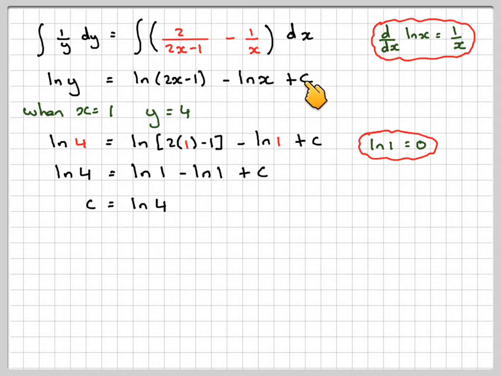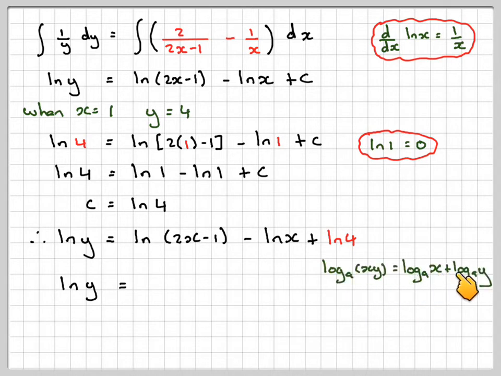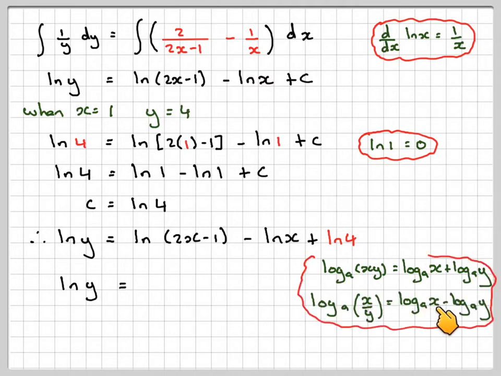Put that now back into here. We get ln of y is equal to ln of 2x minus 1 minus ln of x plus ln of 4. We now use the rules of logarithms. The rules we have are log a of x times y is log a of x plus log a of y, and log a of x over y is equal to log a of x minus log a of y.